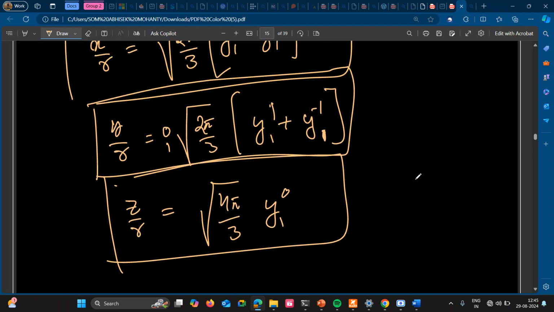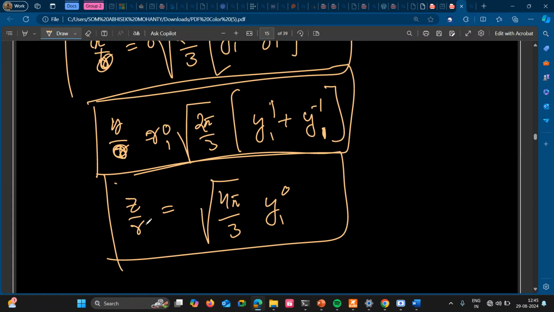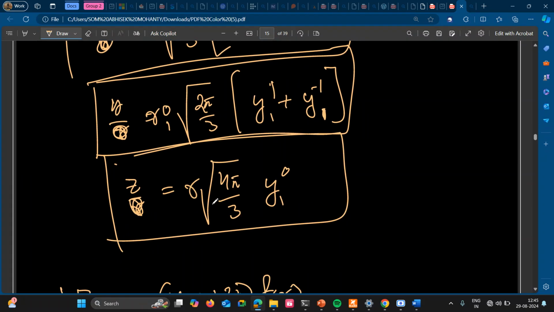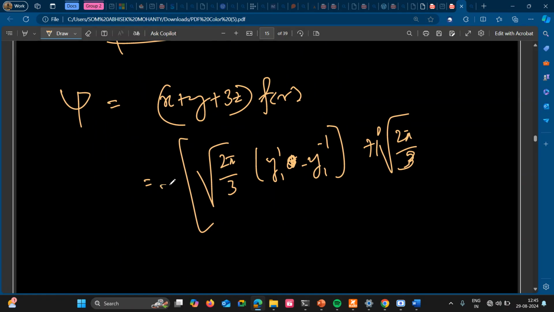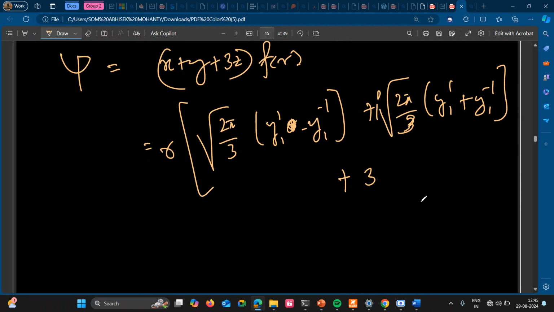Yeah, we can do one thing. These are x by r, now we can do like this. rz is equal to r, so r will go out. And this plus 2 pi by 3 y11 plus y1 minus 1 plus 3 whole into what is z? z is r. So I can take the 3 inside, 4 pi by 3.